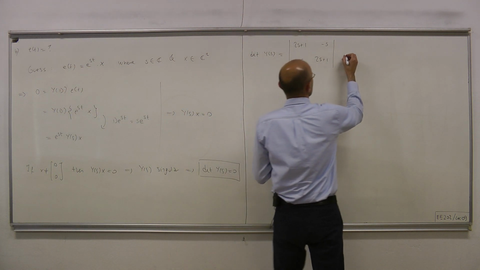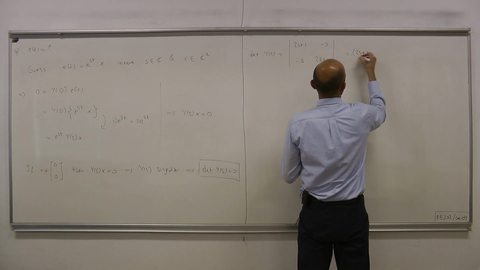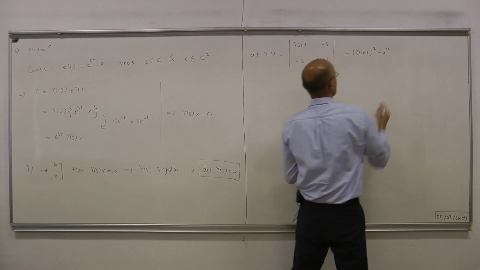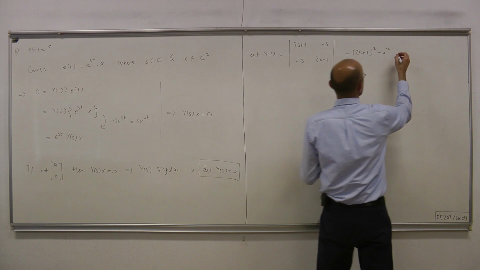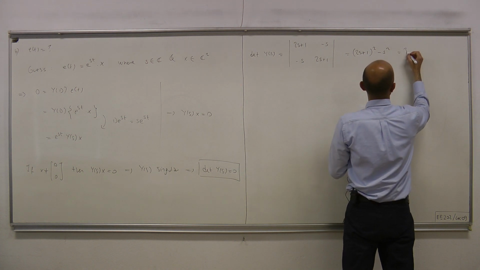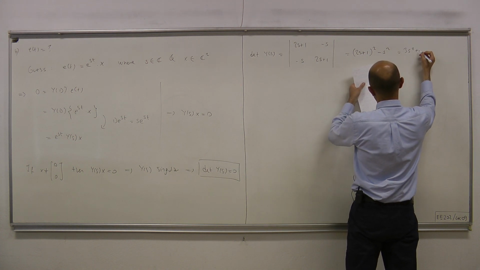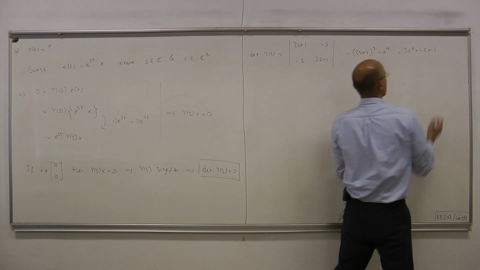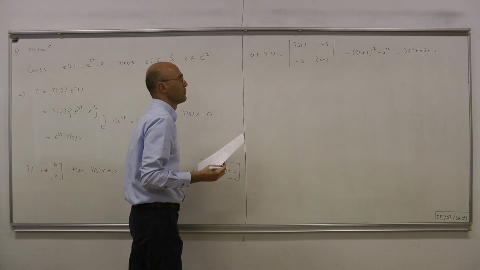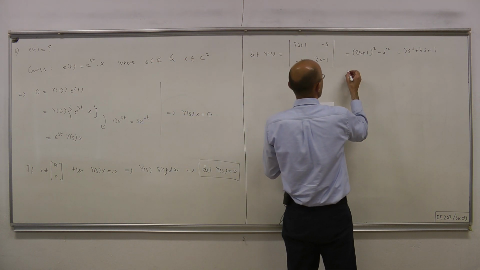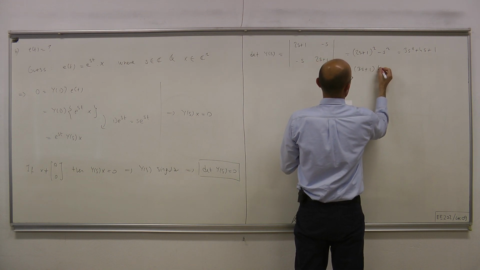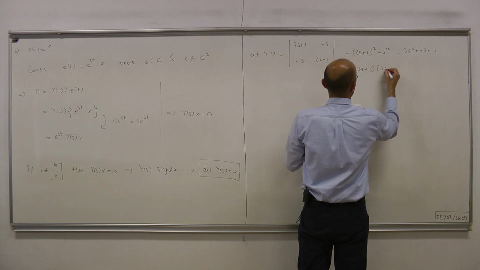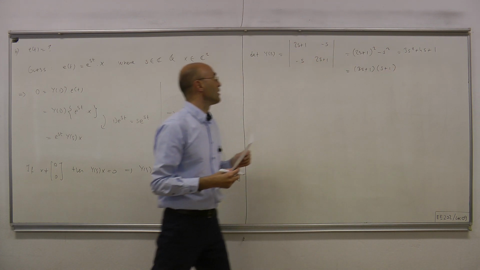So that's (2s plus 1) squared minus s squared, and that equals 3s squared plus 4s plus 1. A second order polynomial which can be factored into (3s plus 1) times (s plus 1).